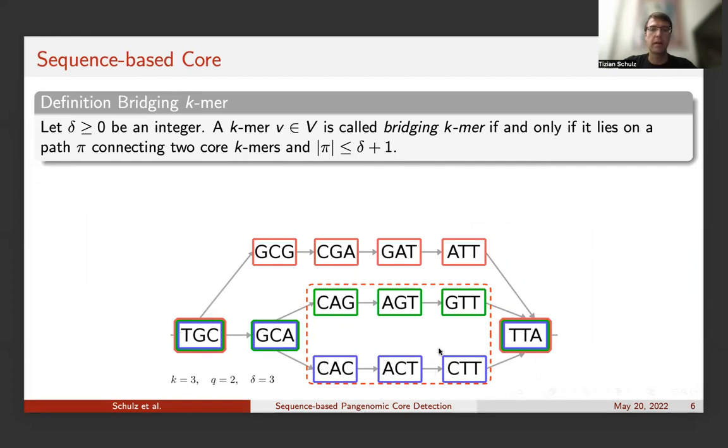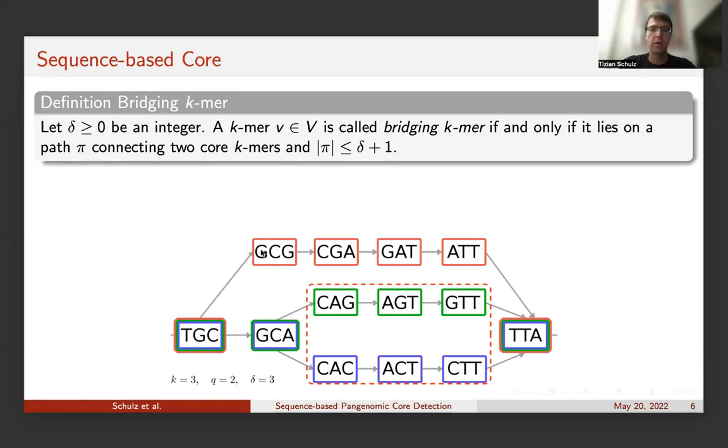In our example down here, this is true for 6 k-mers, which lie on paths that connect k-mer GCA and TTA in the graph. And the paths in this case are of length 4, which is delta plus 1 in the example.